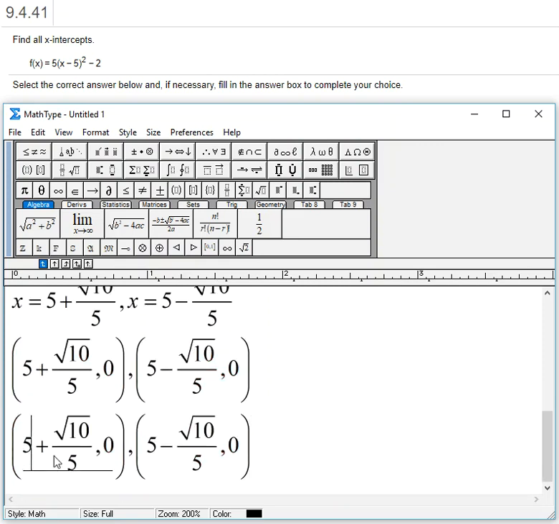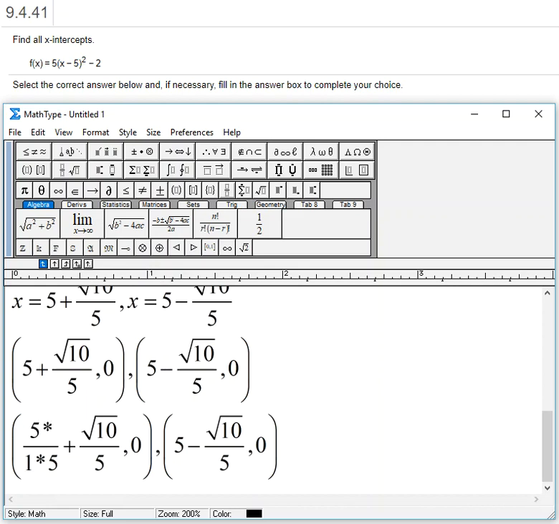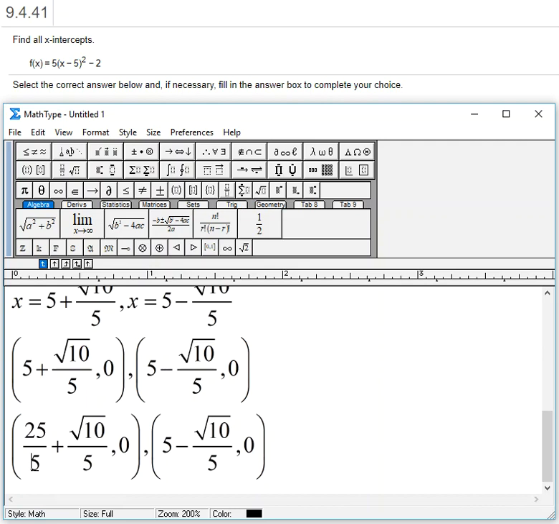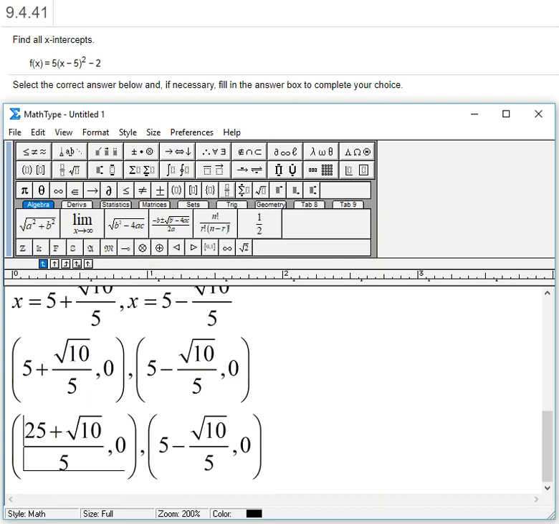If I get a common denominator, this 5 is going to become a 5 over 1, and you multiply by 5 on top and bottom to get a common denominator, so your numerator becomes 25 and your denominator a 5. Then, because they have a common denominator, you can add that 25 into the numerator, all over 5.